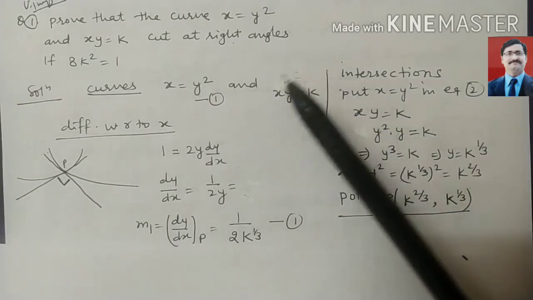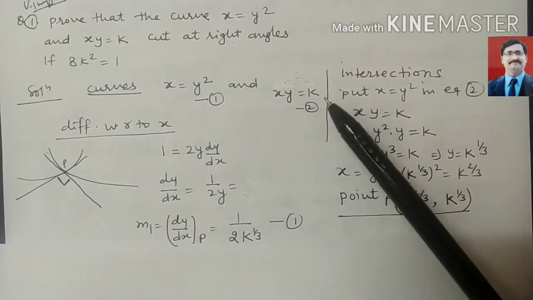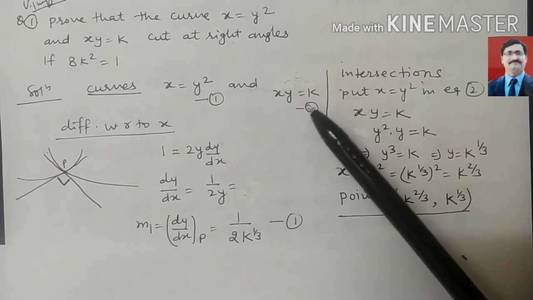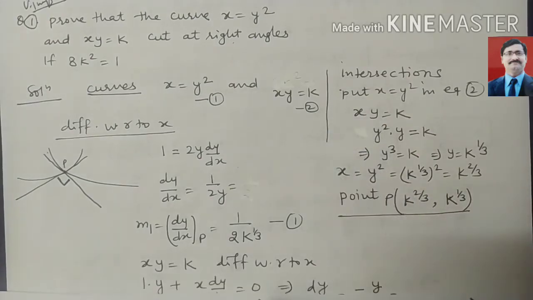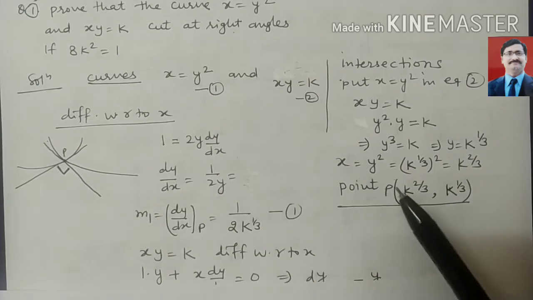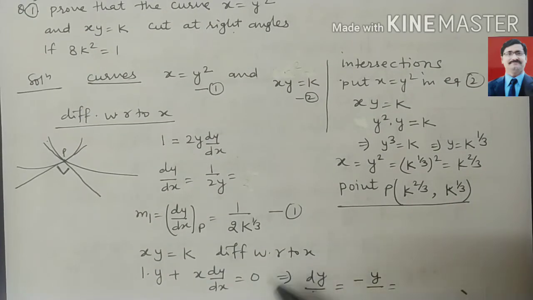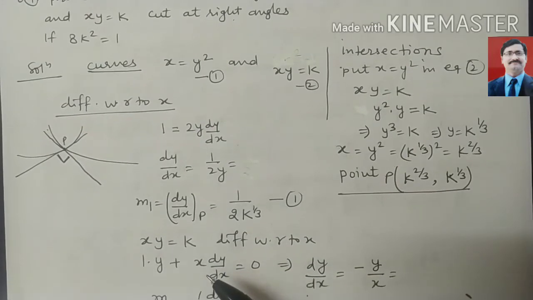Similarly, the second curve is xy equal to k. Here also we differentiate with respect to x. The differential of x is 1 with y as it is, plus x as it is times dy by dx, and k is a constant, so we get 0. From here dy by dx equals minus y by x.